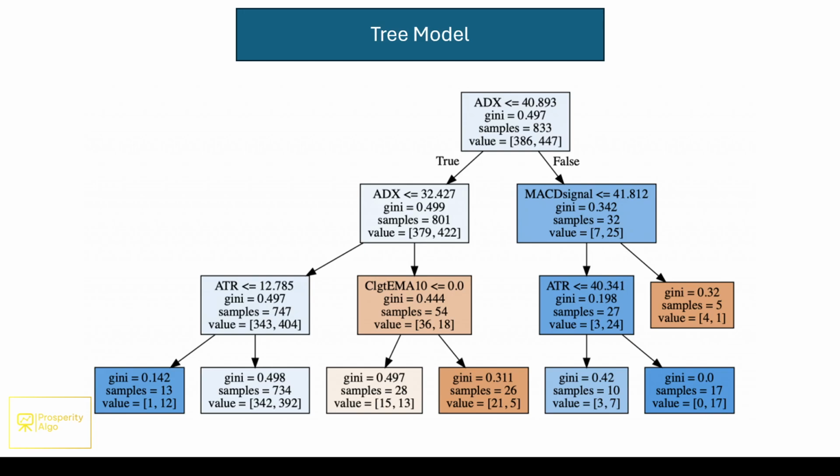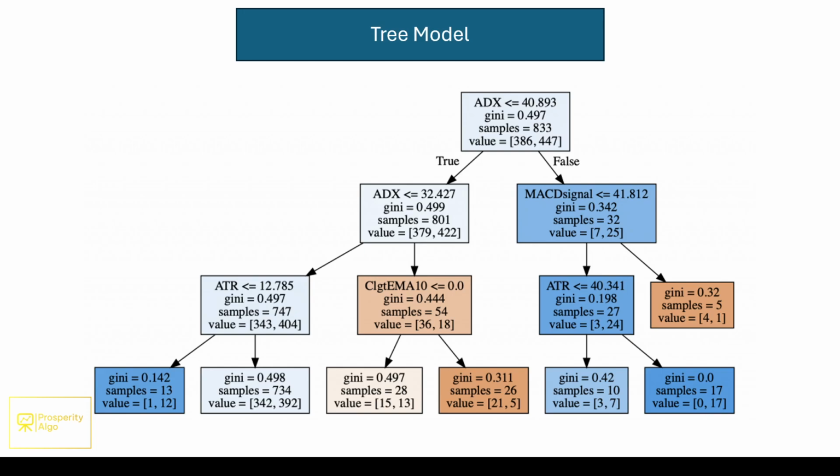In this context, you would have given the model a bunch of different trades, a bunch of examples, data points which would have happened, and you would have given them variables which occurred at the same time as those trades. So let's say we gave it 100 trades which occurred on Tuesday at 9 a.m. on gold. We would have also given it the ADX values at those times, the ATR values, the EMA values, and the MACD values at those times.